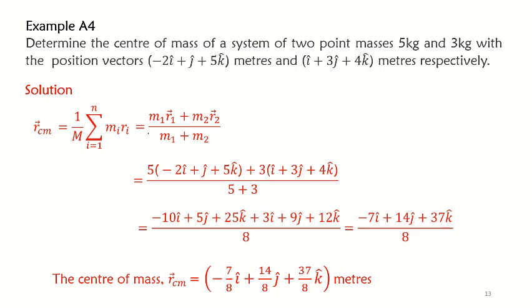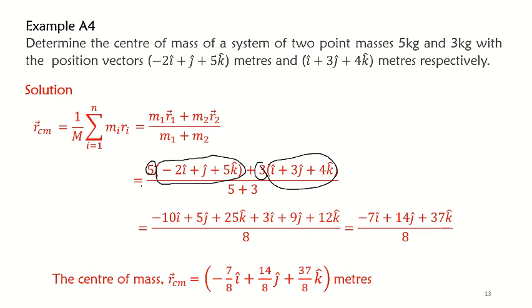So M1 R1 plus M2 R2, since we have two masses, over M1 plus M2. M1 is 5 kg and R1 is that expression, then M2 is 3 kg and R2 is this expression.